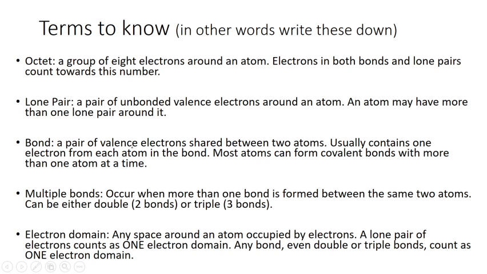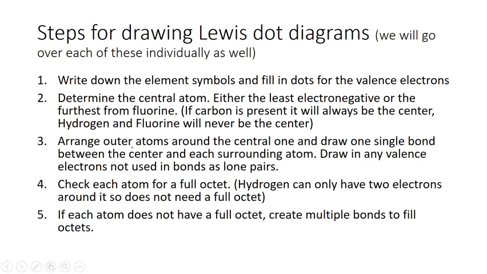And any bond, single, double, or triple, counts as 1 electron domain because it is just 1 space that has electrons in it. And once we draw some diagrams, I will come back to that so we have a visual for that.